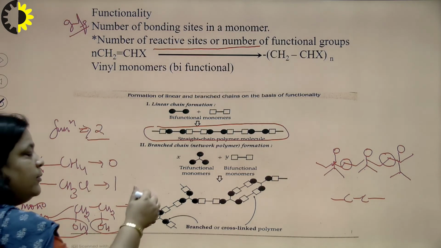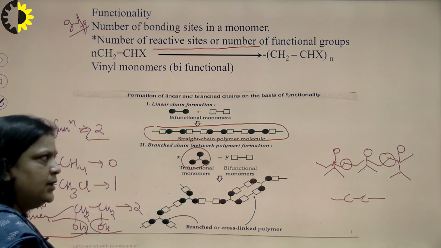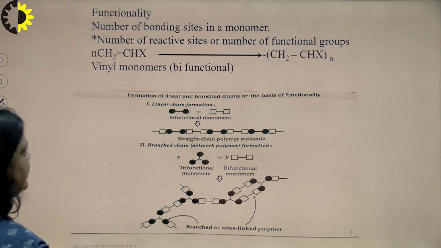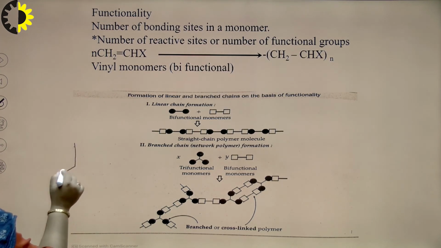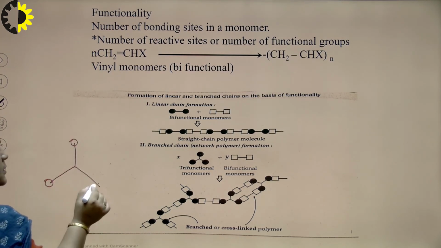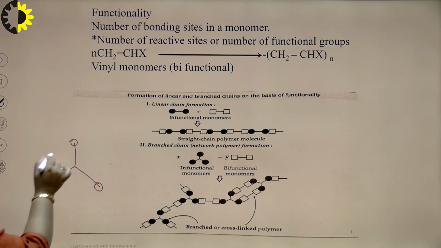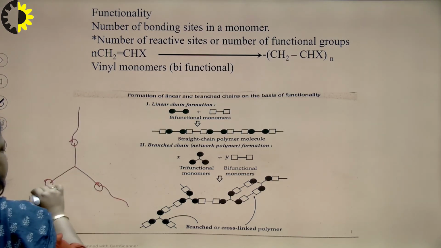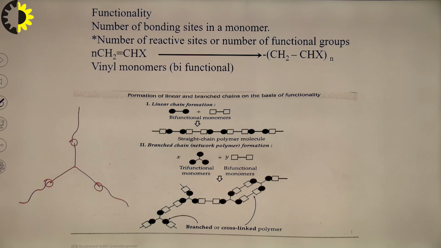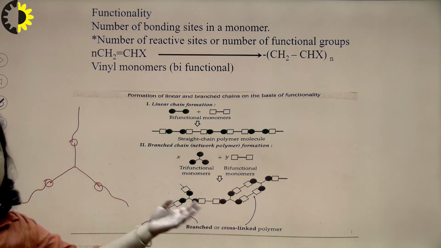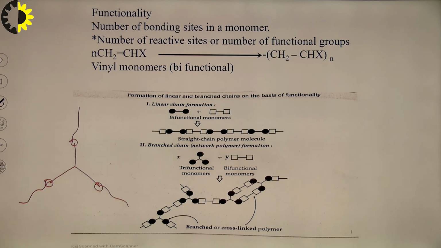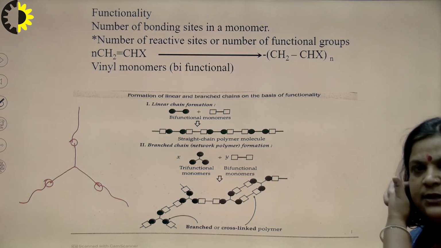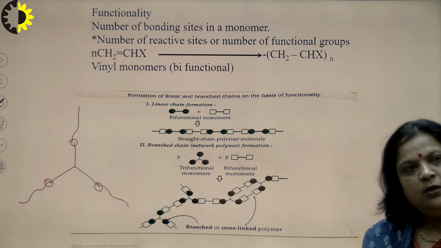But if the molecule has more than two functionality, suppose functionality is 3, meaning this, this and this, the attack can be from 3 sides, and the chain gets formed from all 3 directions. It means which type of structure gets formed? Either a branched structure or a cross-link structure. So, if the functionality is 2, a linear chain gets formed, and if the functionality is 3, a branched or cross-linked polymer gets formed.